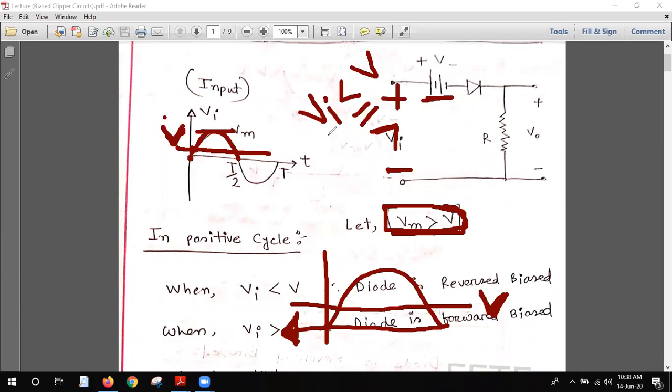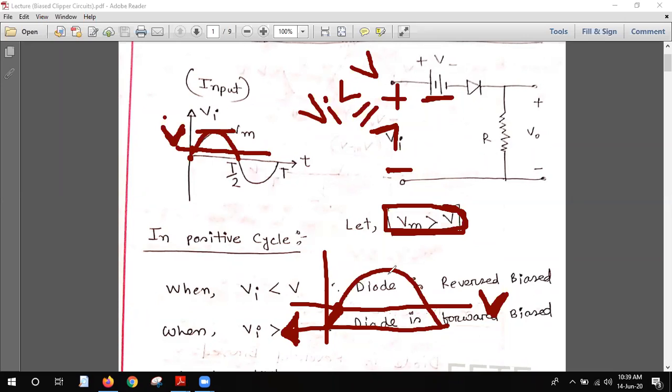This is the point where both values are equal. When the input voltage crosses this point, the input voltage is greater than the value of V. Initially, in this region, the DC voltage is greater than the input voltage. At this point they are equal, but after this point the input voltage is greater than the DC voltage V.